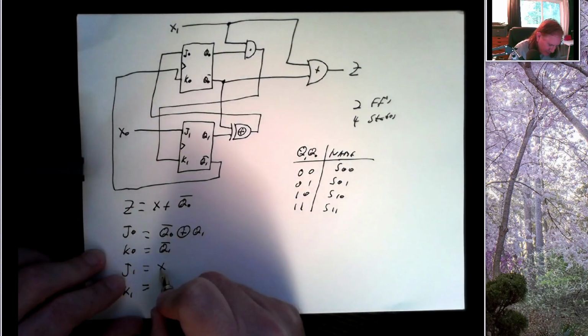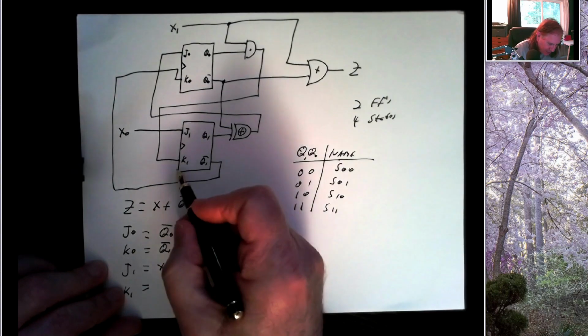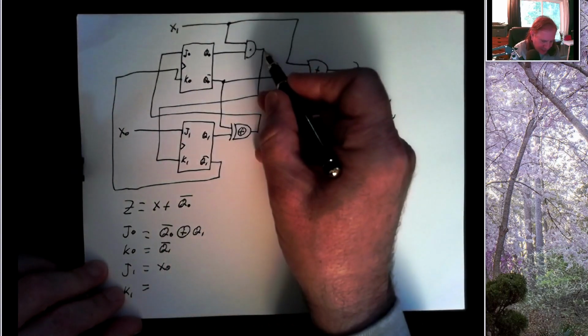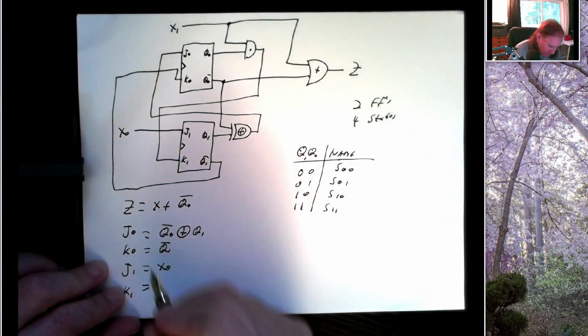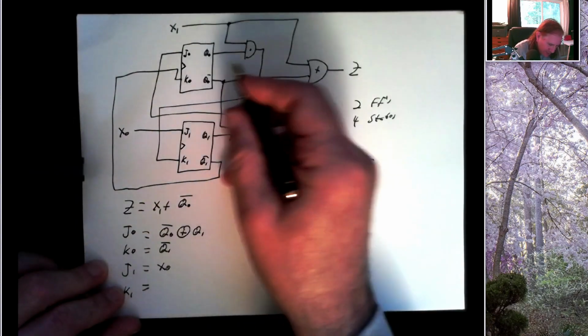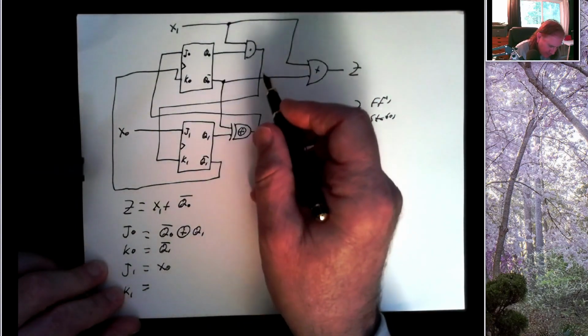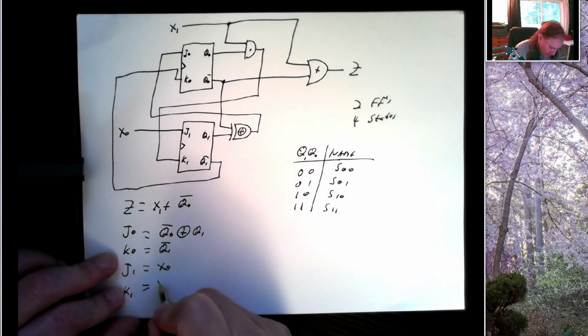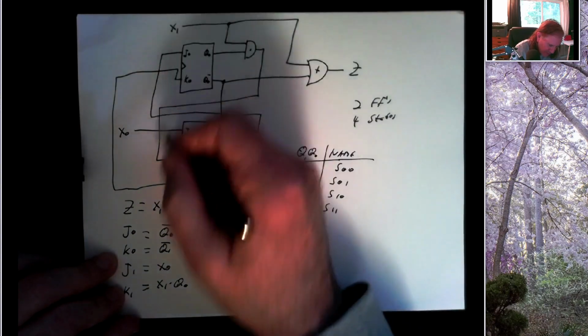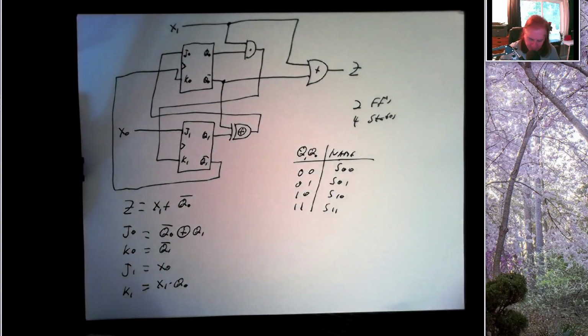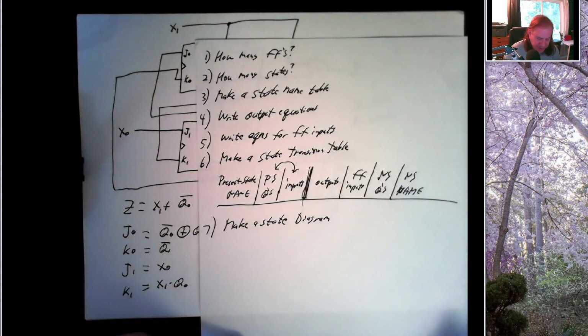J1 just comes from X0, which is an input, and K1 comes from an AND of X1 with Q0. So X1 ANDed with Q0 gives us K1. Alright, so we've got the equations for flip-flop inputs.